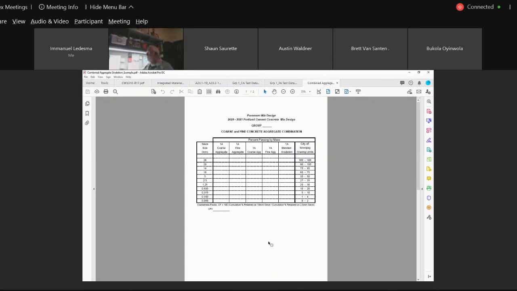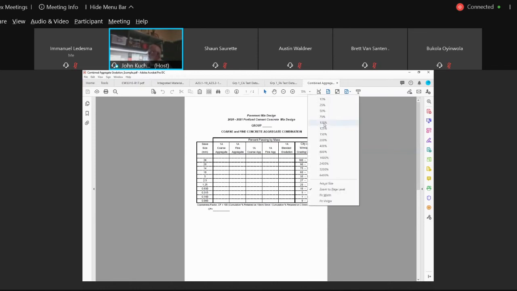Can everybody see this? Coarse and fine concrete aggregate gradations? Yes, okay. I'll blow it up here a little more.